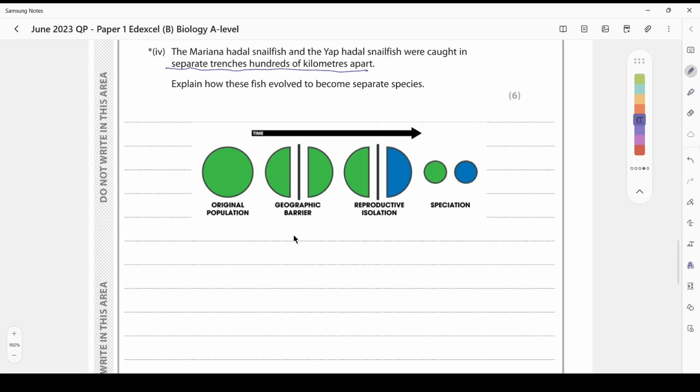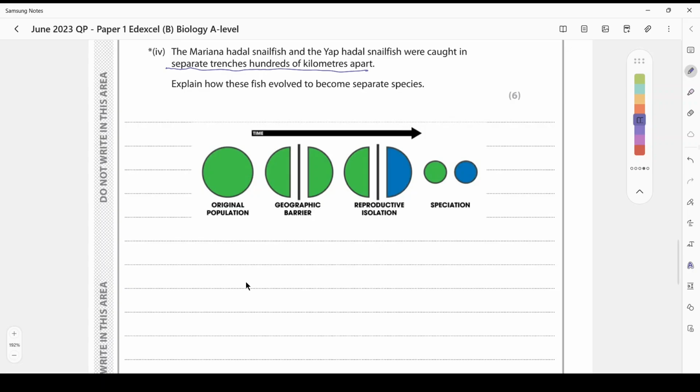So for natural selection to occur, you need to have variation. For example, if we're talking about the fish, maybe some snailfish are larger than others, some snailfish have a different color than others, and these are variations that can only arise due to mutations. For example, perhaps there might be a certain skin pattern or a certain color of their skin that enables them to camouflage better and hide from predators better.